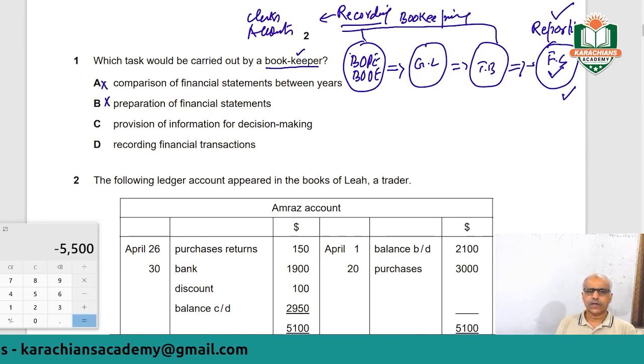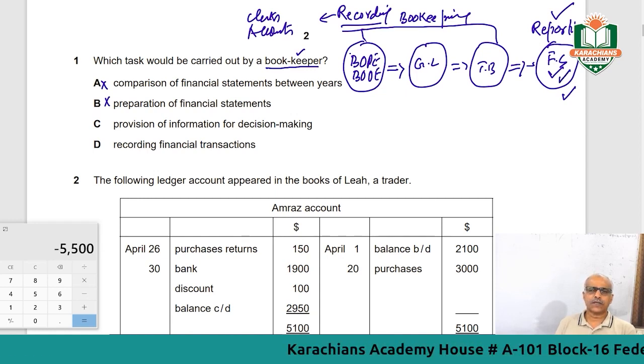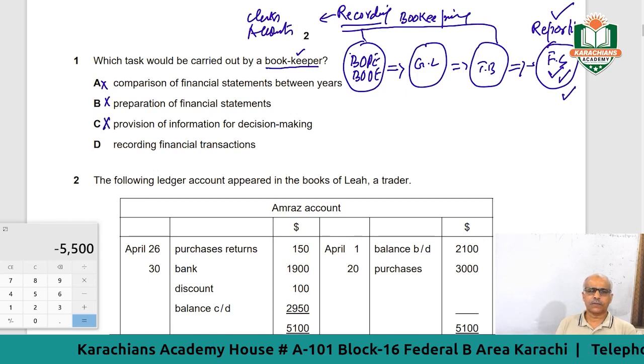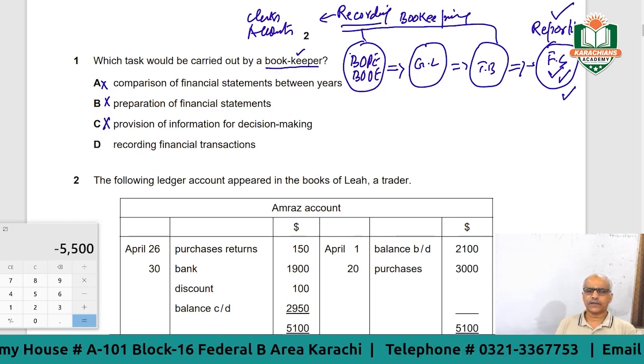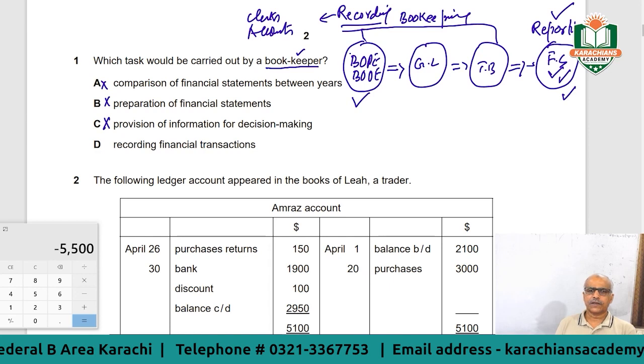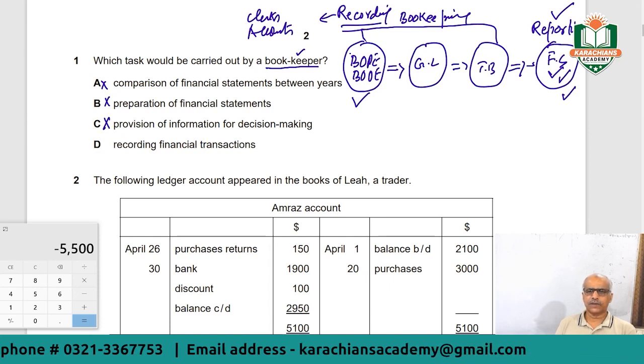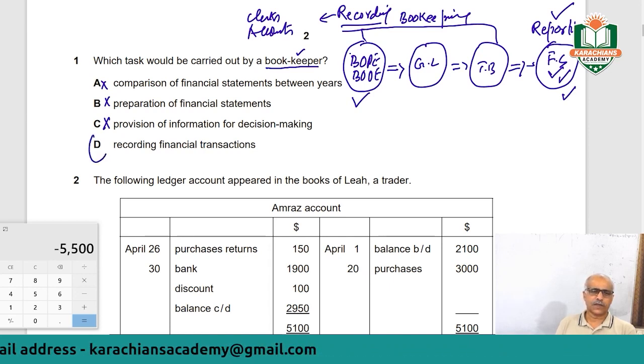Provision of information for decision making, no. Decision making information is given by the managers to the senior management, so this is also not applicable. Recording financial transactions, yes, this is done in the books of prime entry. So your answer is D.